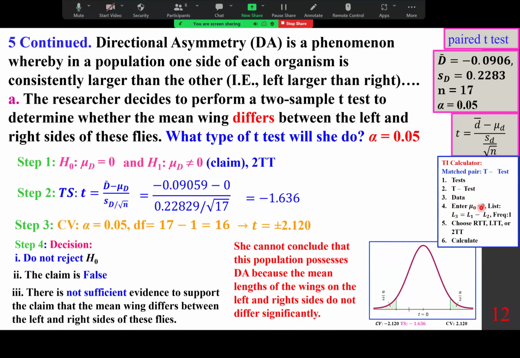Put in the data and plug in the information. If you want to go with the data, remember mu sub 0 and list L sub 3 is L1 minus L2. Choose right tail test, left tail test, or two tail test, calculate. It does the job for you. You can try it on your own.